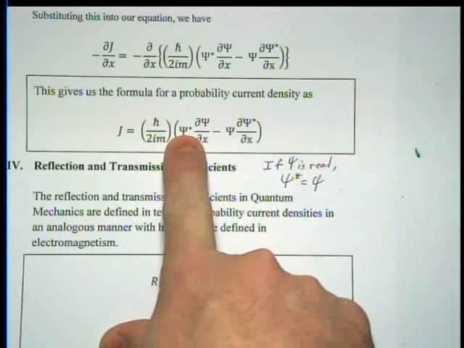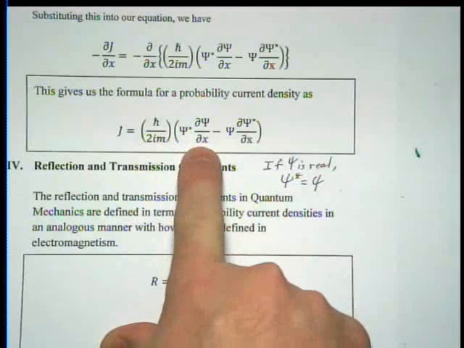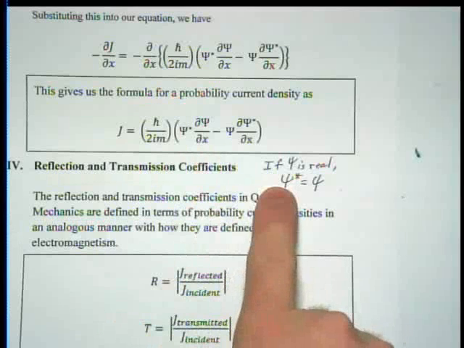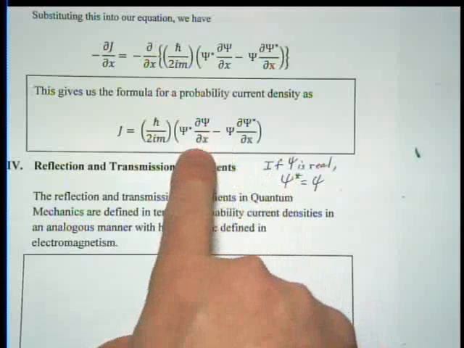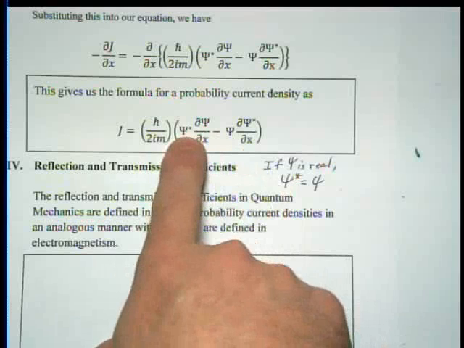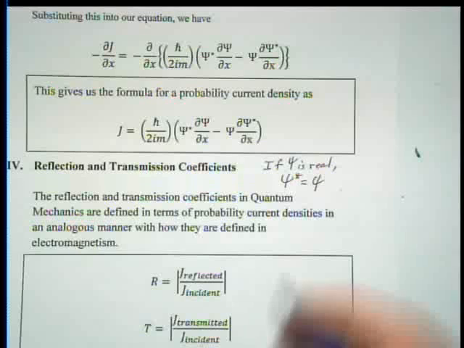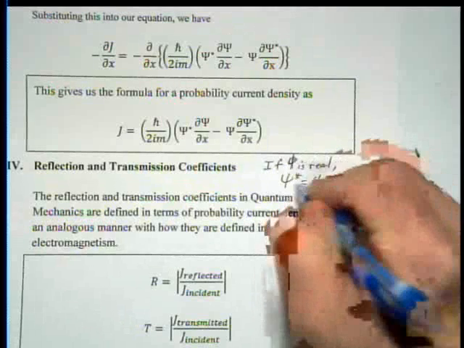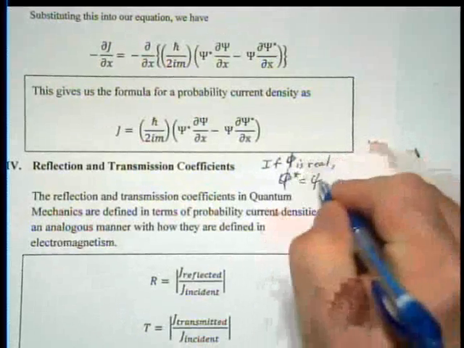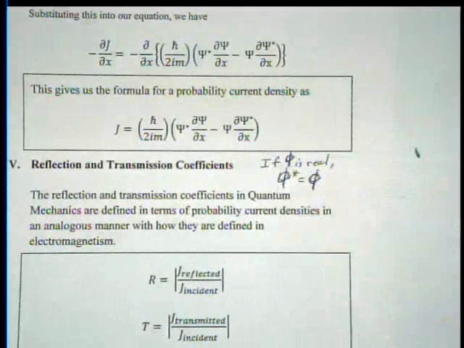The time part does not matter because there are no derivatives of t anymore. Remember that this thing is actually the spatial part times e to the minus i omega t. But since the time isn't in here, it's going to come out, it's going to touch its e to the i omega t, and it's going to cancel out. So you might as well just ignore time. So if the spatial part, in essence, is real, then when you take its complex conjugate, you get the same function back.